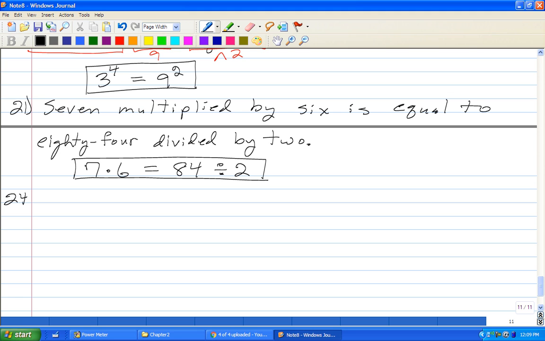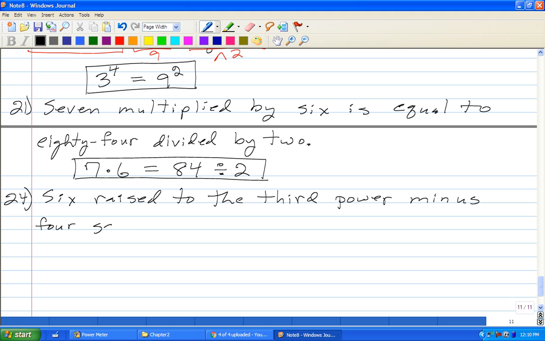Problem 24: 6 raised to the third power minus 4 squared is equal to twice 10 squared.